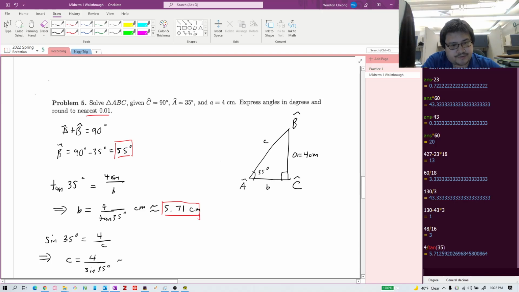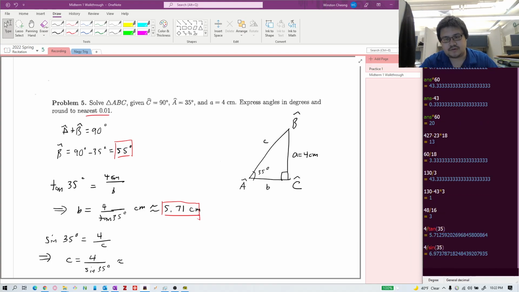We plug that into our calculator; it's going to be a length measured in centimeters. Great, so we end up with 6.97 centimeters, and that matches what I did previously.